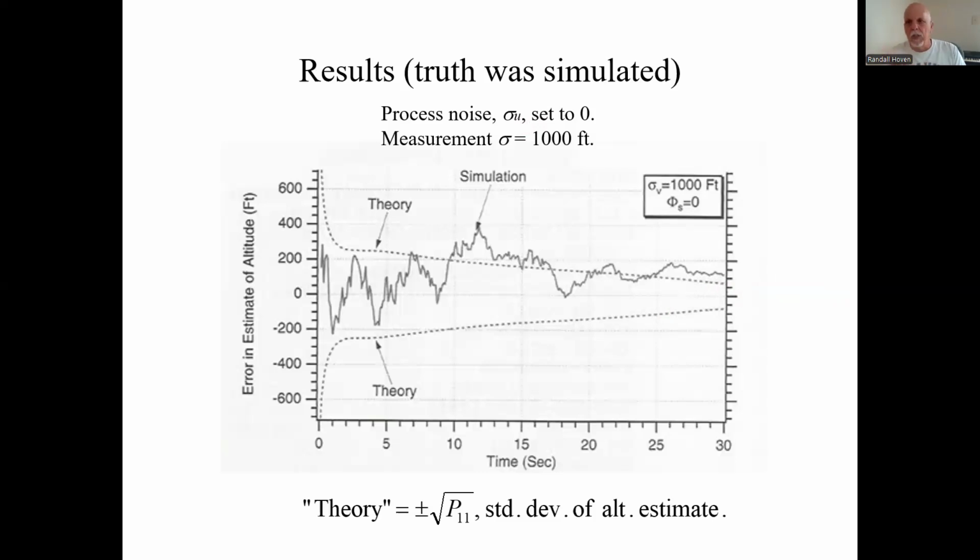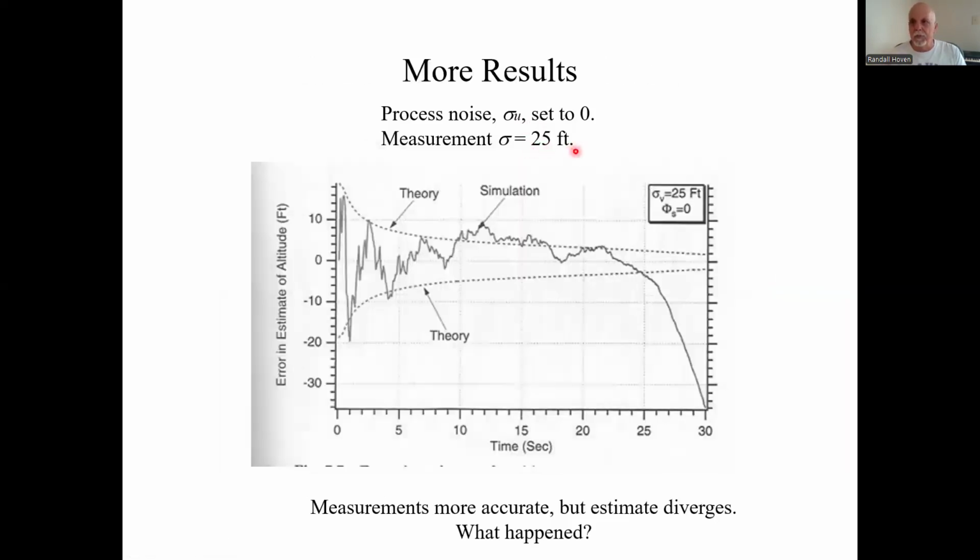What if we take everything the same and make the actual measurement error much more accurate, from 1,000 feet to 25 feet? You'd think everything would get better, right? Well, it starts out kind of looking normal. Then, whoa, off to Never Never Land. Filter divergence.